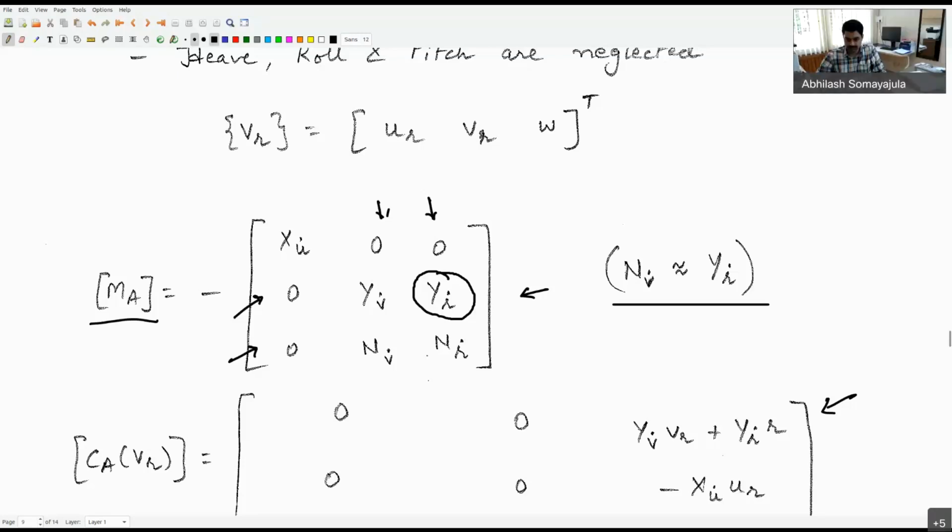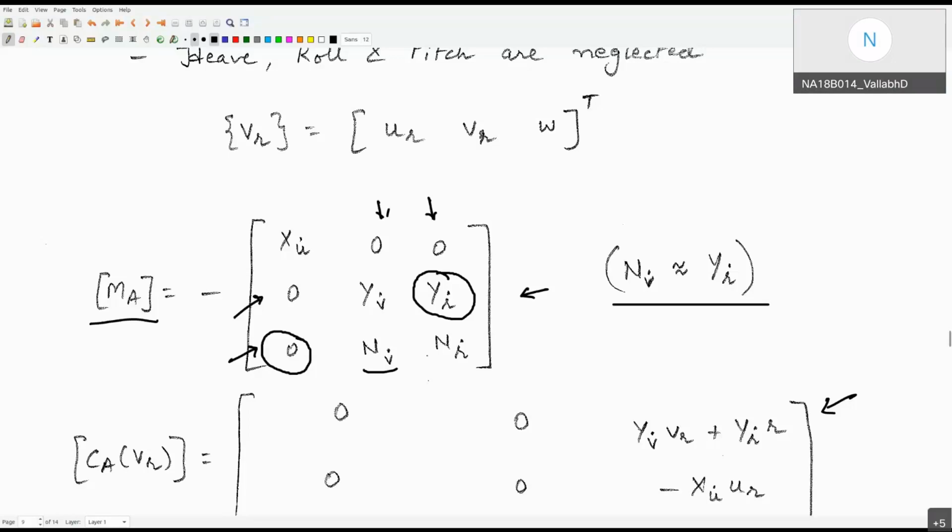So then there might also be a very small contribution in X R dot also, right? There may be a small contribution in X R dot also. Yes, it possibly can be. But we typically find that these values are much smaller, even smaller than what you would see in N V dot or Y R dot.